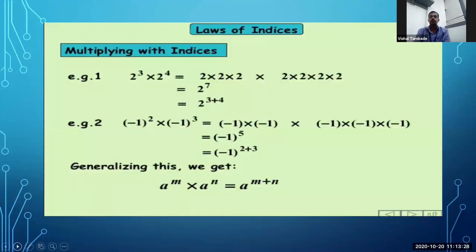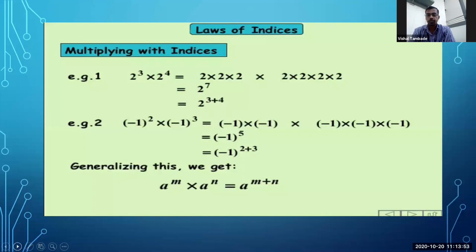Okay, using the multiplication law of indices, you have to find out the answer. Now, first example, 2 raised to the power 3 multiplied by 2 raised to the power 4. Here, write down the multiplication form. 2 raised to the power 3: how many times does 2 occur? 2 occurs 3 times because our power is 3. 2 multiplied by 2 multiplied by 2.